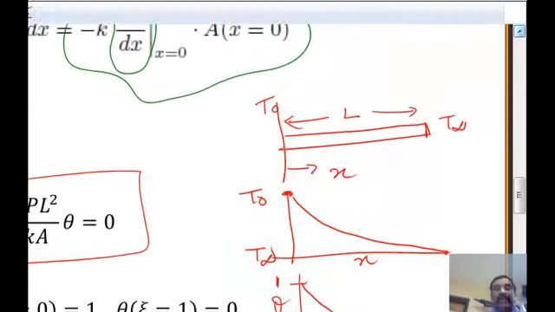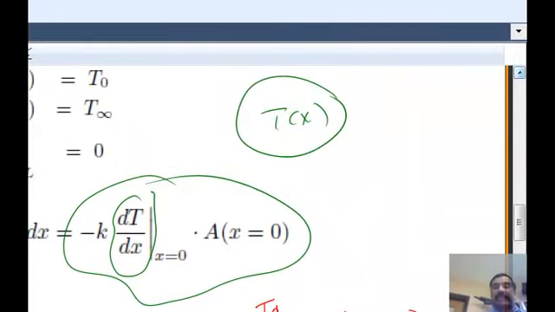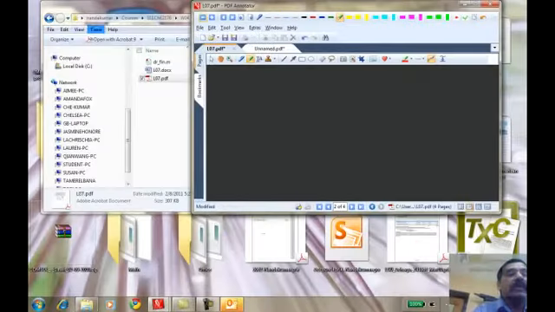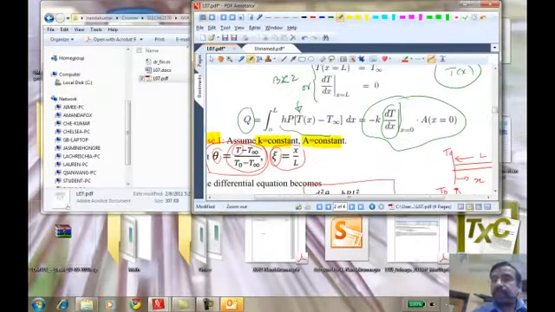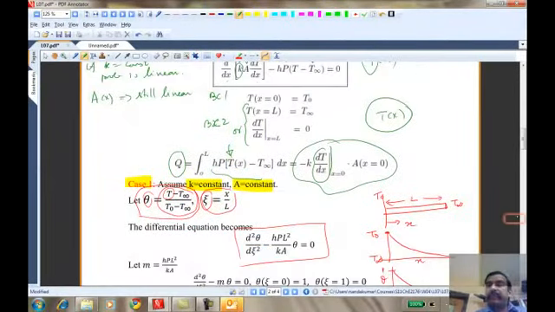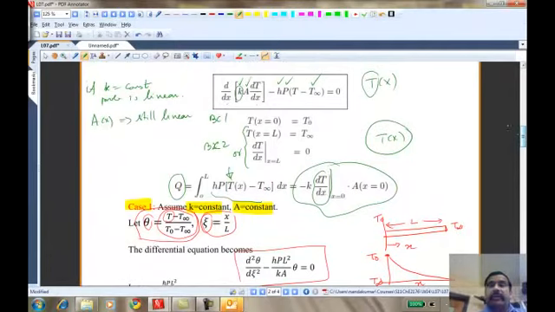Now what I need to do is take the differential equation I have here and write it in this form in terms of the dimensionless variables.